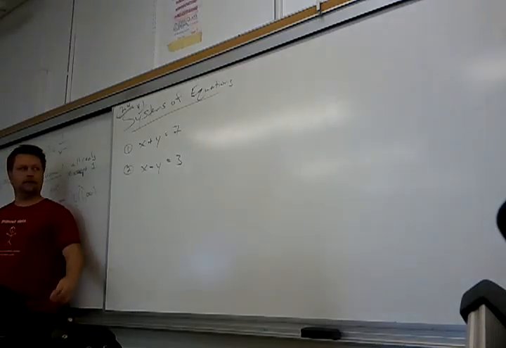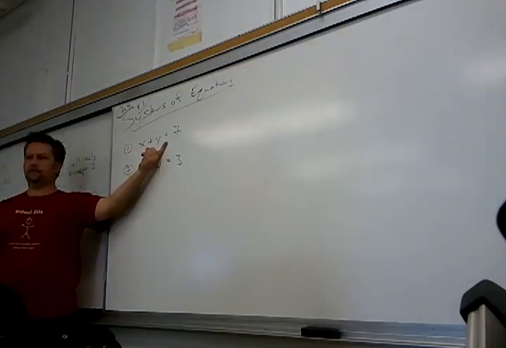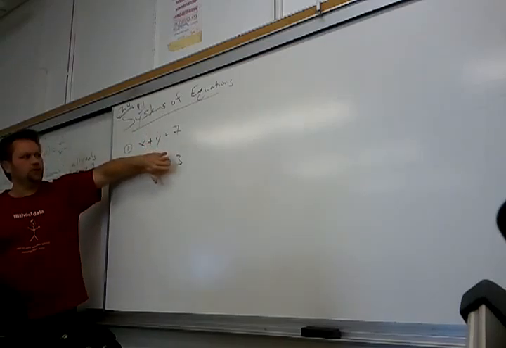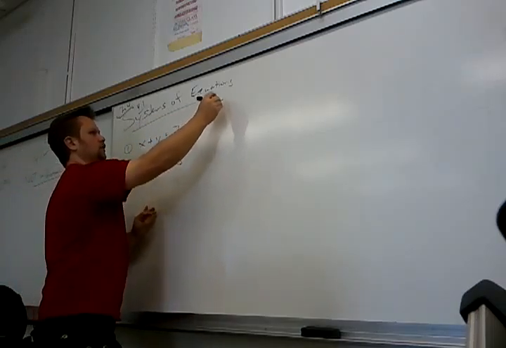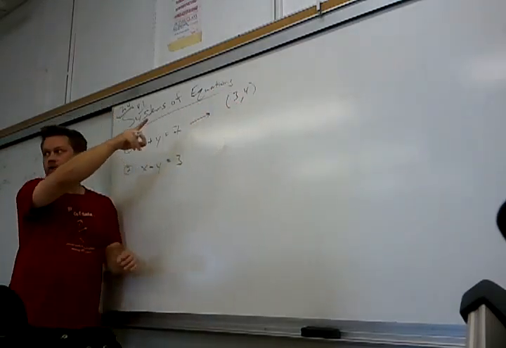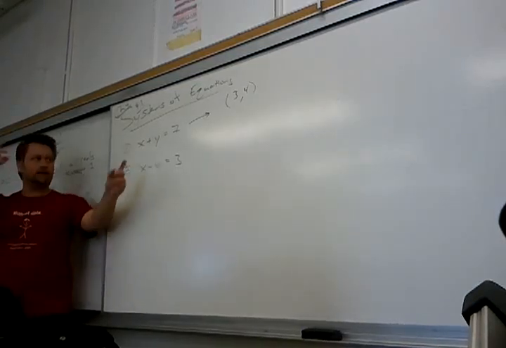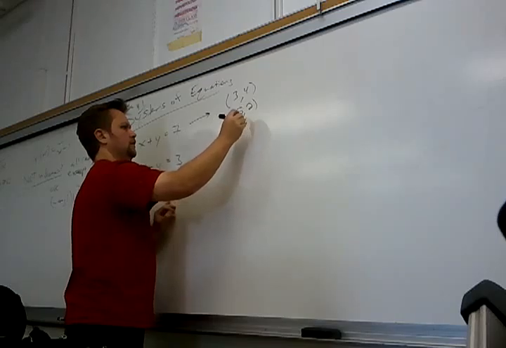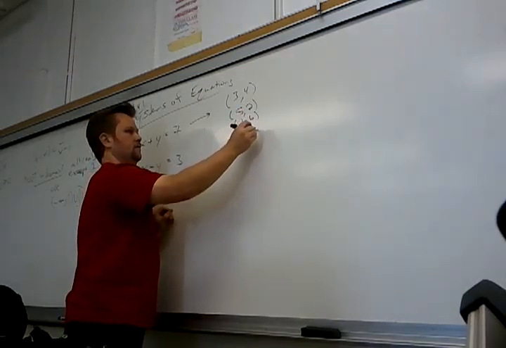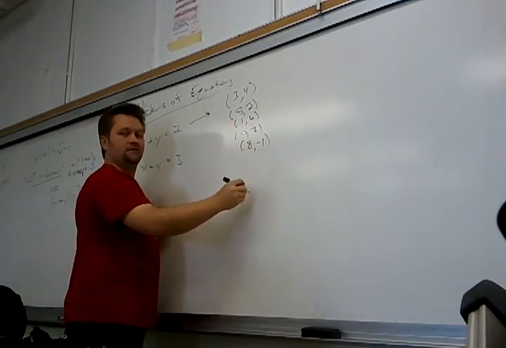Because you have an X and Y, it can have 2 answers. Give me some answers. I'm not talking about this guy, I'm talking about this guy alone. 3, 4. Is everybody cool with that? You see how that answer works? If X is 3 and Y is 4. 5, 2. What else? 1, 6. 0, 7. 8, negative 1. 2, negative 9.